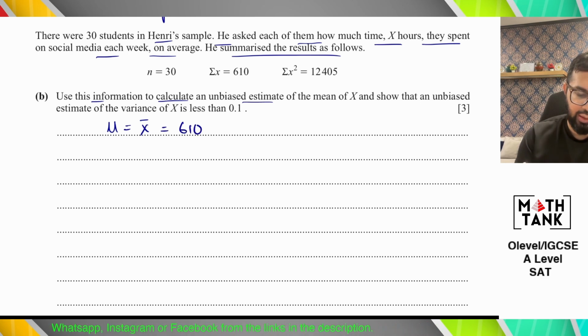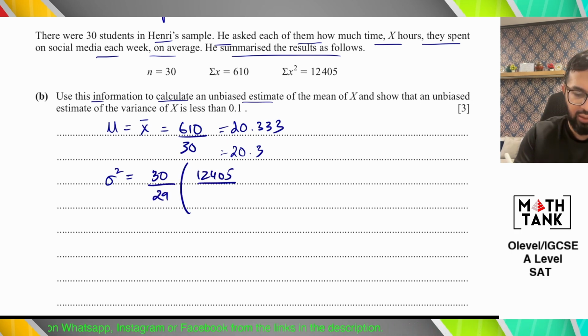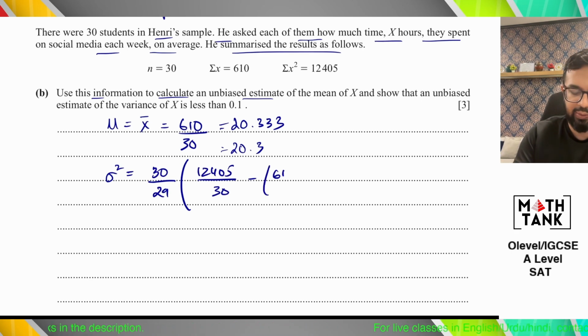The mean is 610 divided by 30, which is 20.33. For the variance, you do n over n minus 1, times the sum of x squared divided by n, minus the mean squared. I'm going to use the exact version of the mean and say that this is 61 over 3.